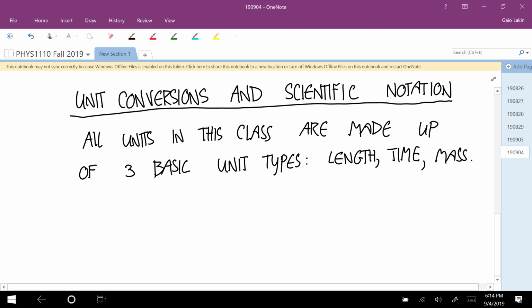And so, for example, the units of speed or velocity are a length divided by a time. So even though velocity isn't listed in these three basic types, you can make the units for velocity out of those three. That's what I mean by can be made up of those.